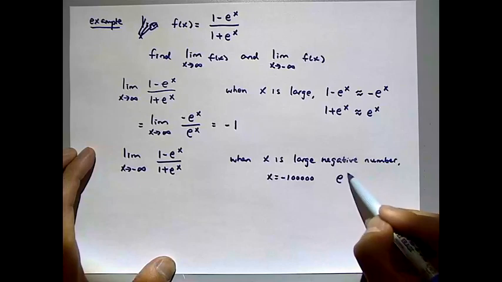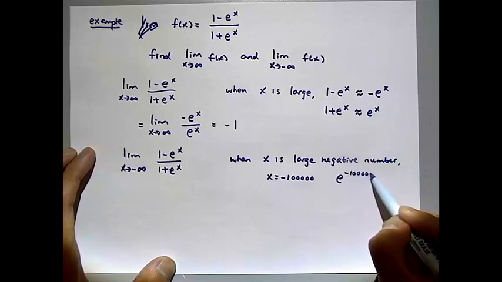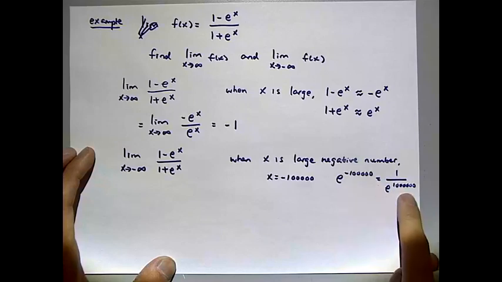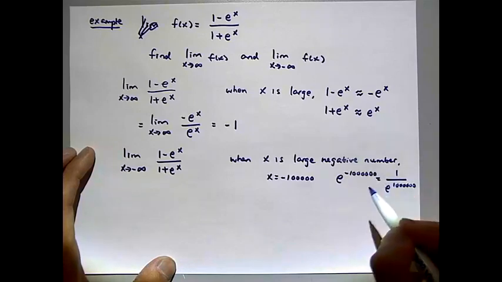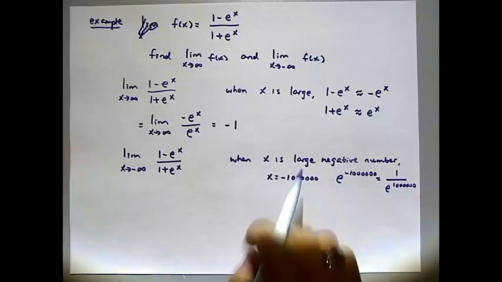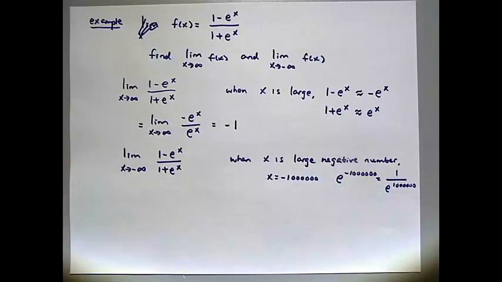Now, e to the negative that thing is equal to 1 over e to the positive that thing, right? It's a large number, so this is a very, very tiny number.